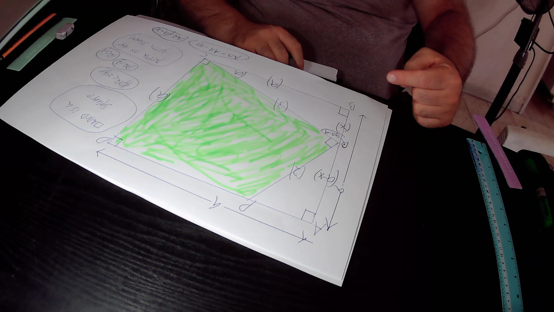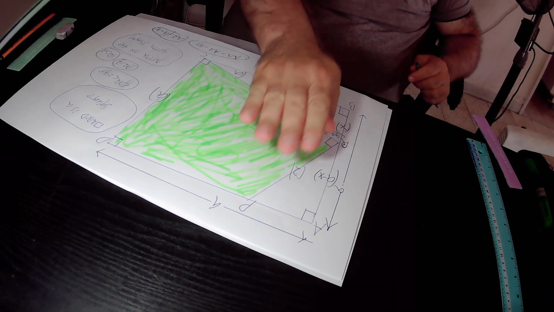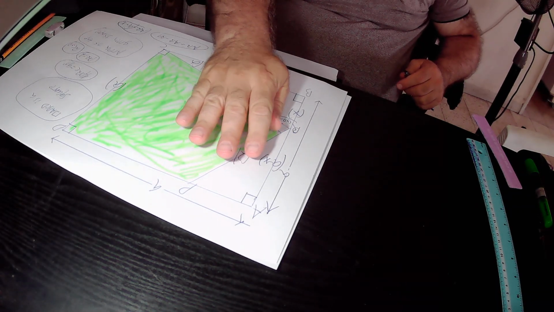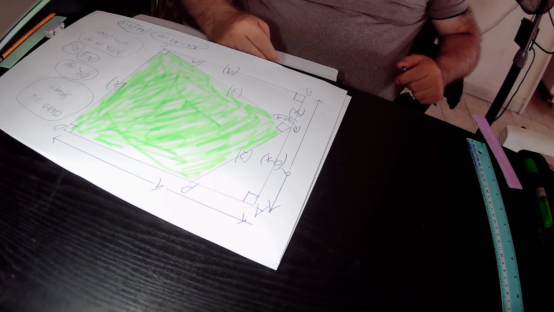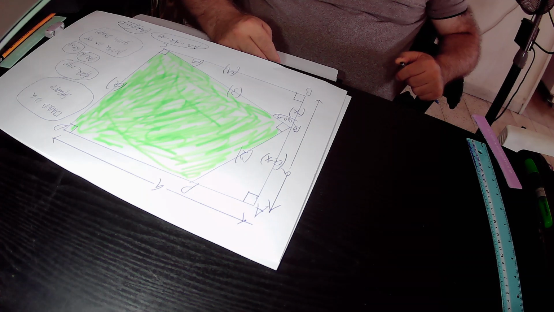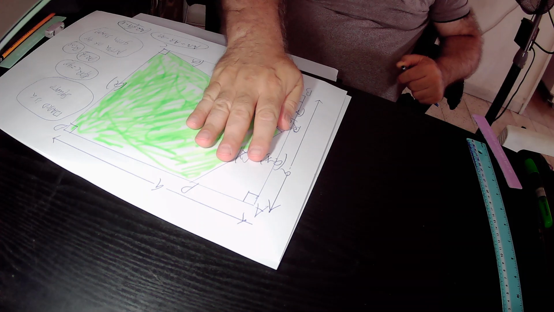AB is one side of square ABCD, therefore it is absolutely a straight line. So if you focus on this side of the straight line AB at point Q, here the sum of the angles must be equal to 180 degrees according to rule 3, that states that the sum of the angles on one side of a straight line is equal to 180 degrees. So which angles do we have at this side of AB at point Q?